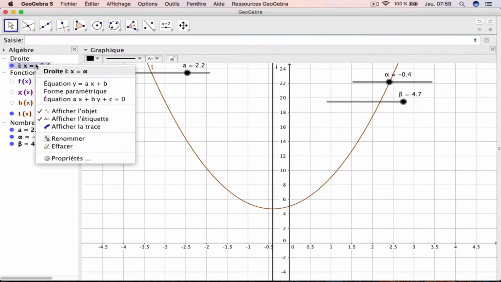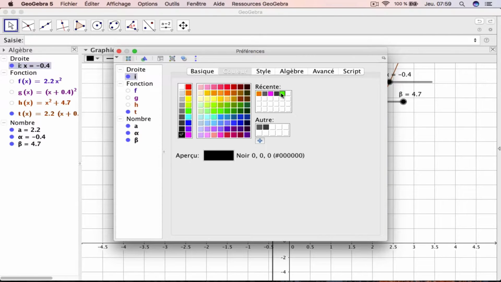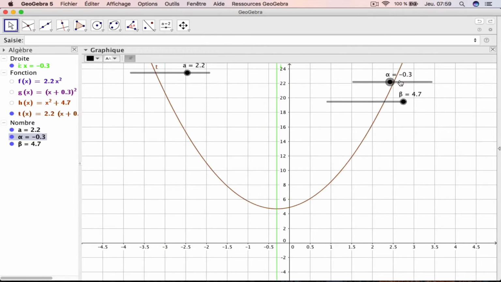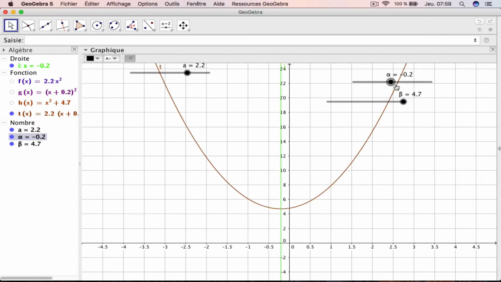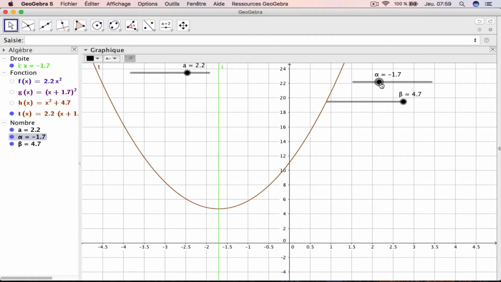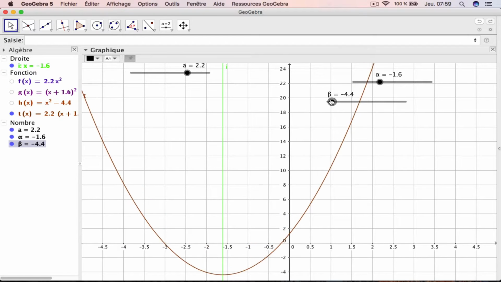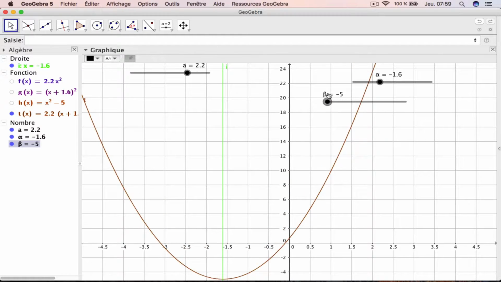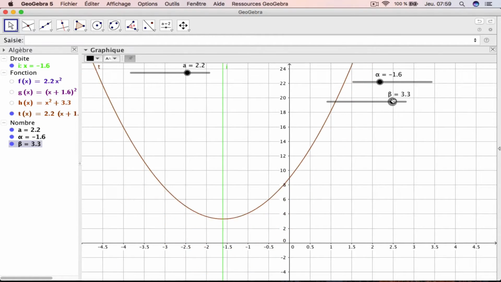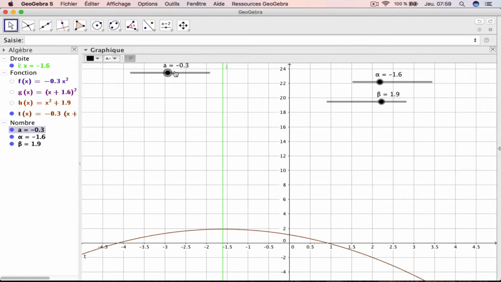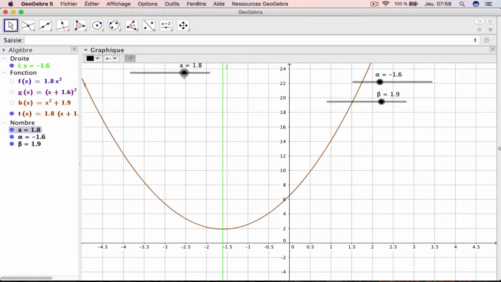Let's use the same color as last time. So we can see when we move the symmetrical axis, we move all the parabola. And we can move along this axis vertically, and we can move the branch like this. Interesting.